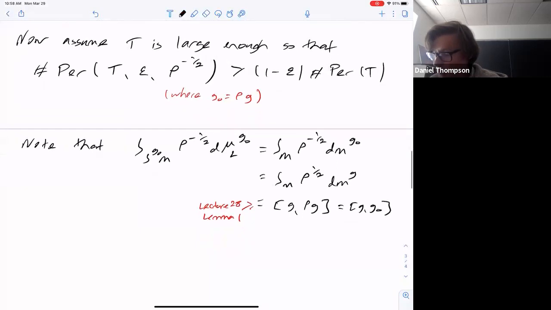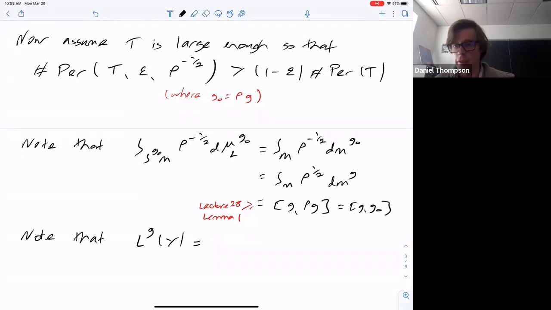Also note that the length with respect to g of gamma. Let's think back to undergraduate calculus: what's the length of a curve?